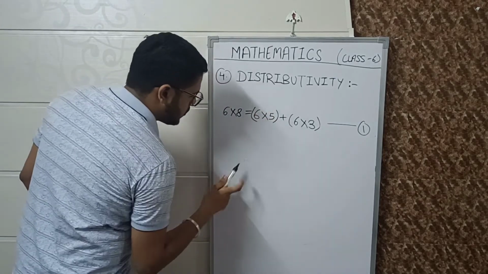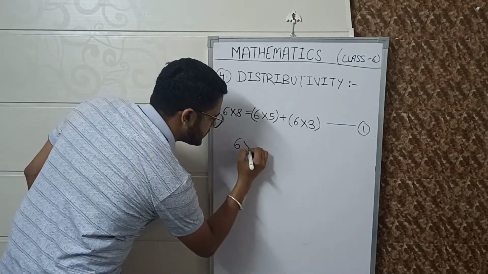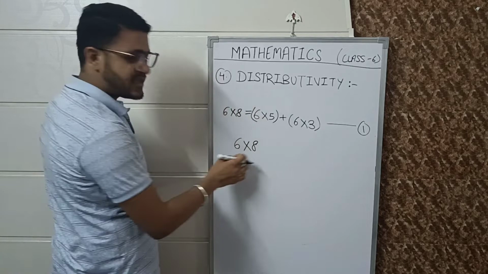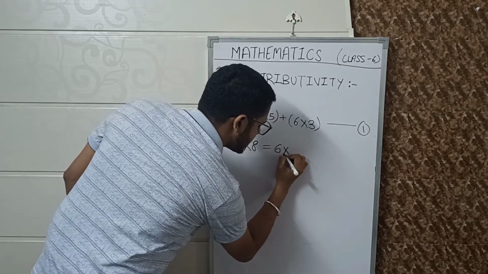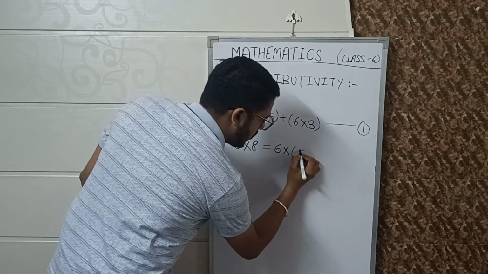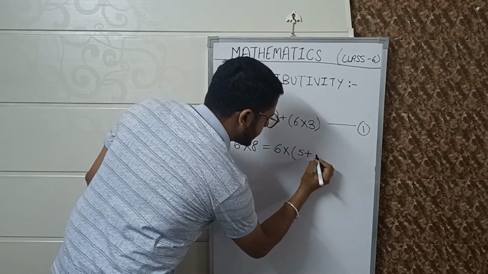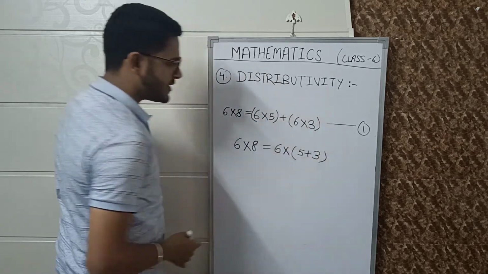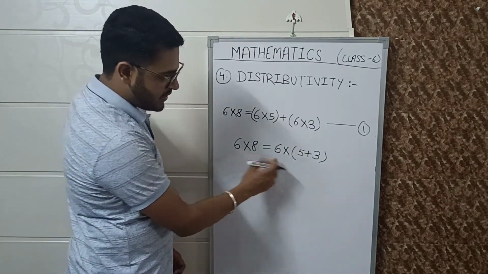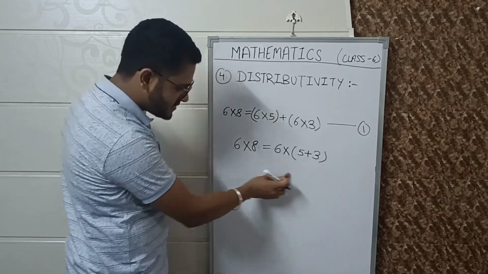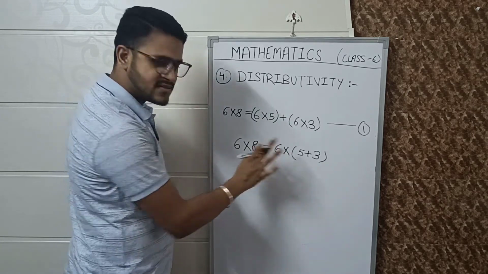We also know that 6 into 8 can also be written as 6 into 5 plus 3, right? We split 8 into 5 plus 3. 5 plus 3 is 8. Now this and this are the same, right?